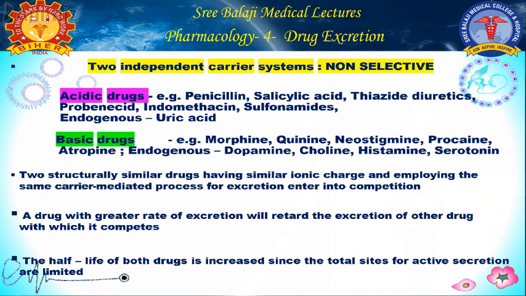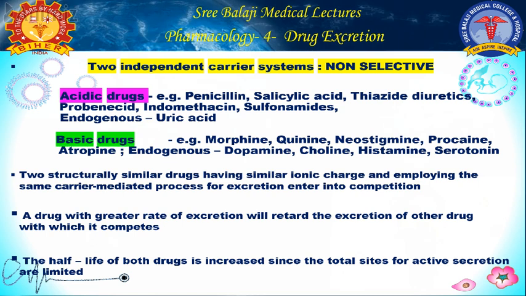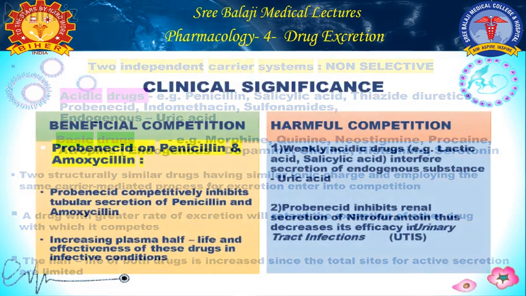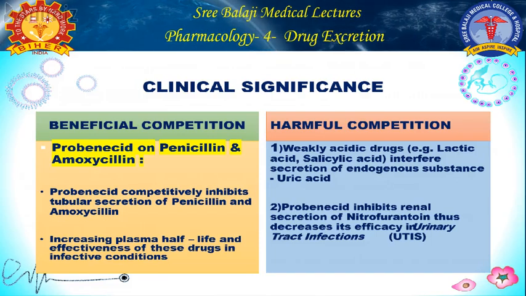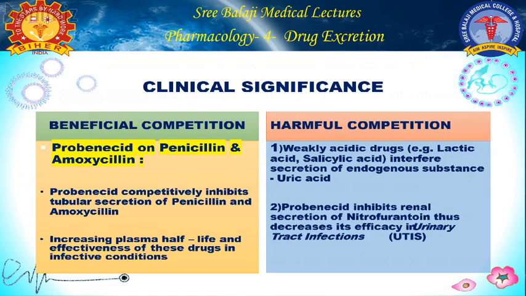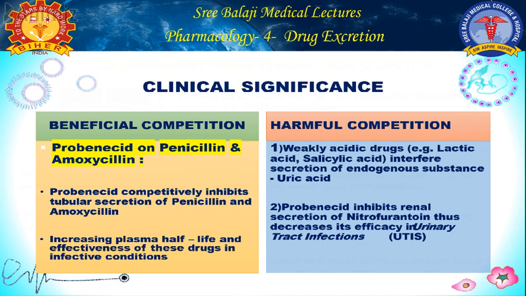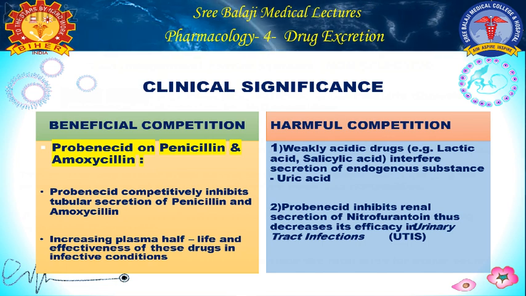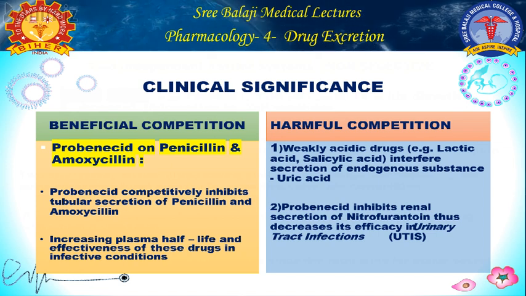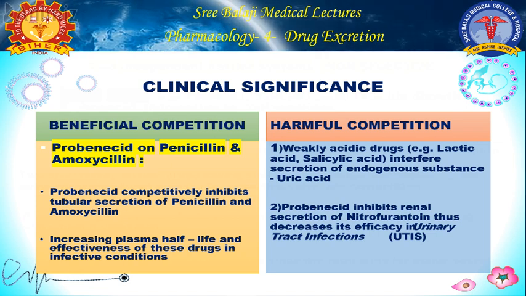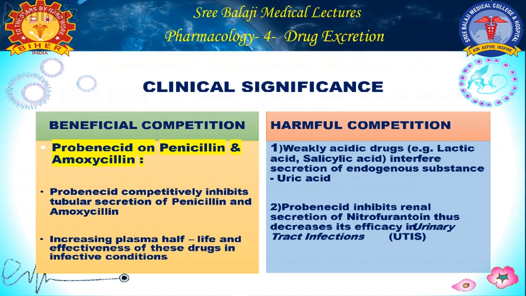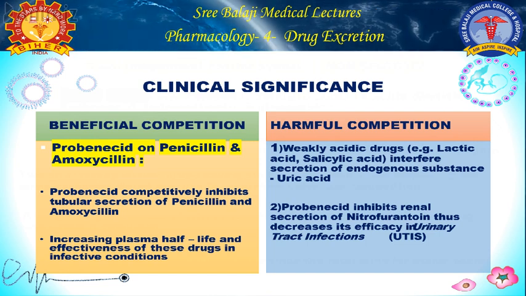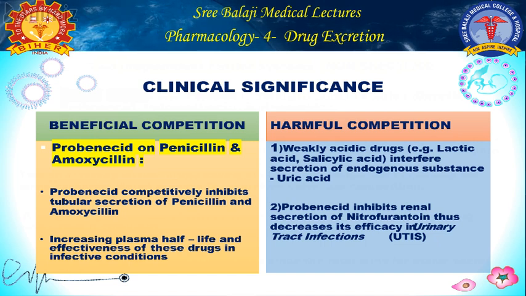So the examples are, one can be a beneficial competition and one can be a harmful competition. Coming to beneficial competition, probenecid is a uricosuric drug given for the treatment of gout, whereas penicillin and amoxicillin are cell wall synthesis inhibitor antibiotics. When taken together, probenecid is going to inhibit the tubular secretion of penicillin and amoxicillin.